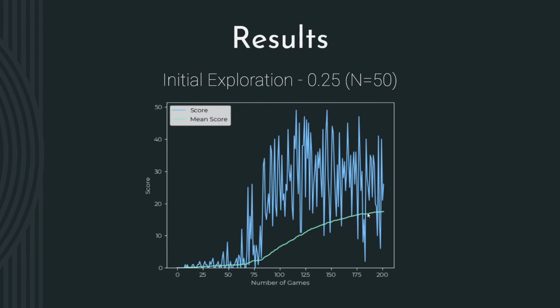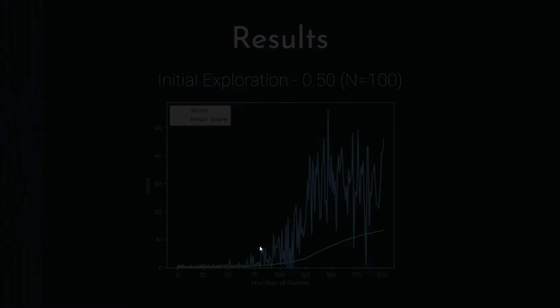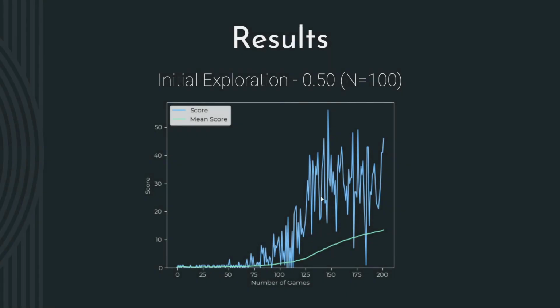Now, if I change the initial exploration rate to 50%, you can see over here that compared to before, it took a little bit longer to learn or get a hold of how the snake game is played.